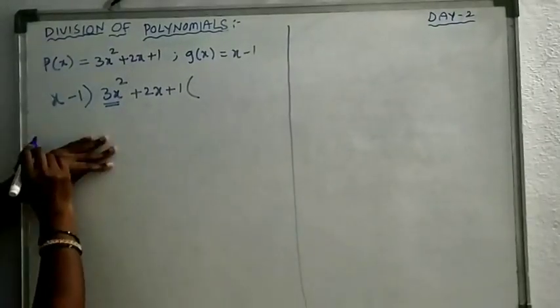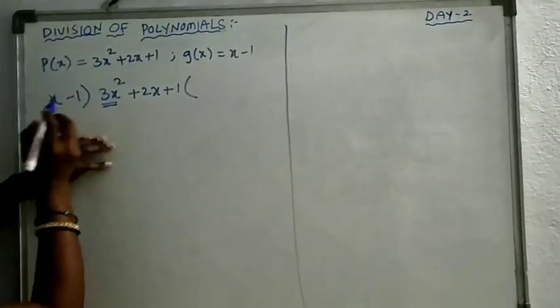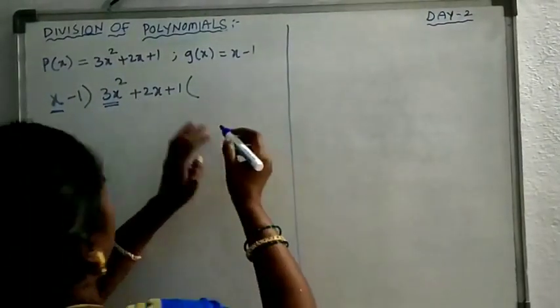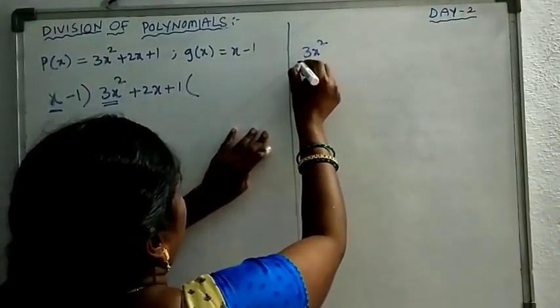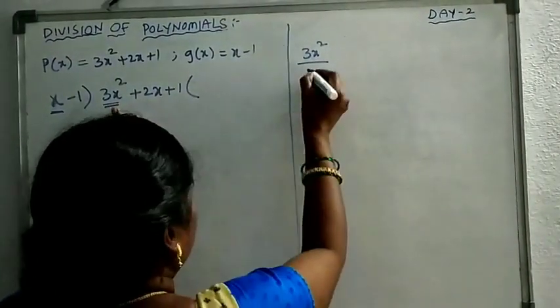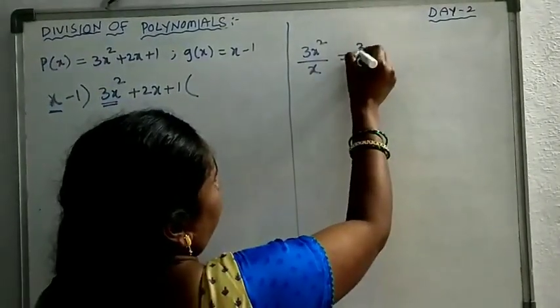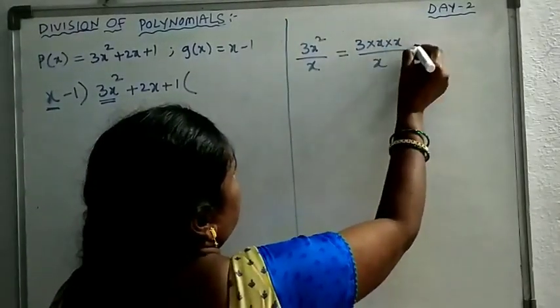First term of dividend. What is the first term of dividend? 3x square. And first term of divisor is x. To do the division of polynomials, first step we have to take. Divide the first term of dividend by first term of divisor. So, x square can be written as x into x by x.